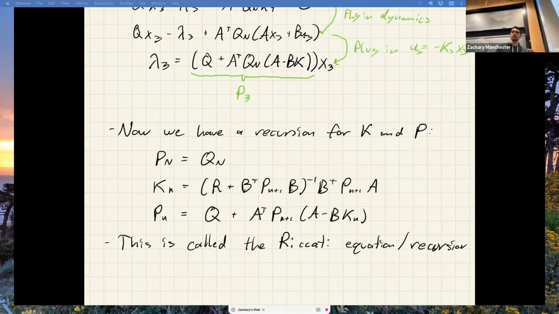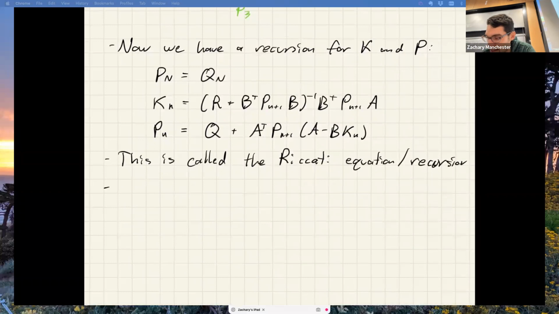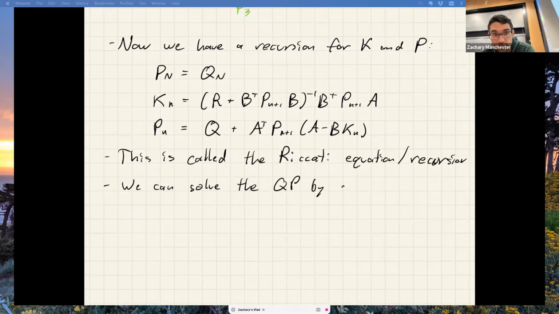Okay, so that's clear. It's the same thing. I'm just solving the QP, but it turns out there's this really nice back substitution trick I can play because of the sparsity pattern of this matrix. This will have deeper connections to other things in a bit. But the idea here is, we can solve the whole QP now by doing a backward Riccati pass.